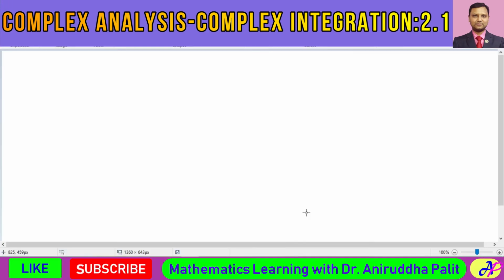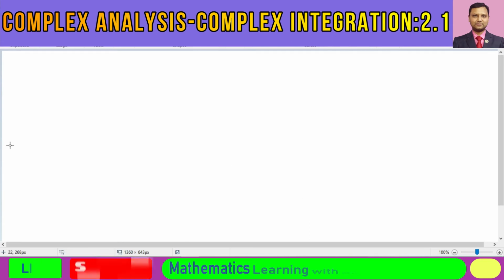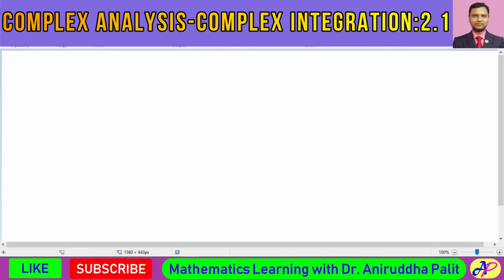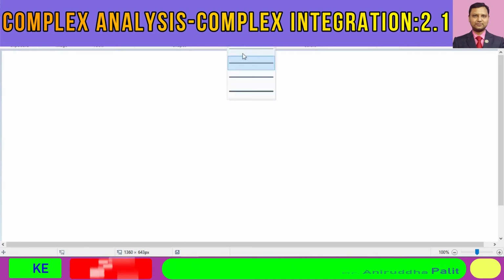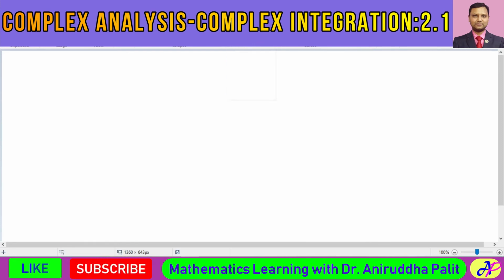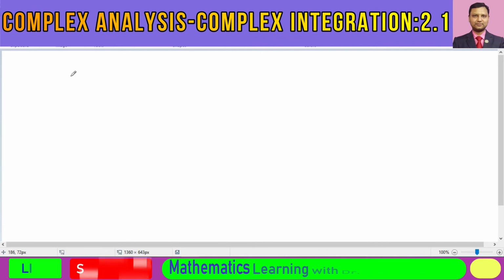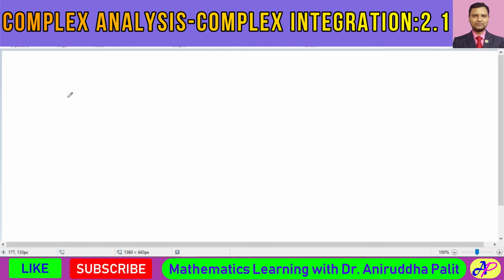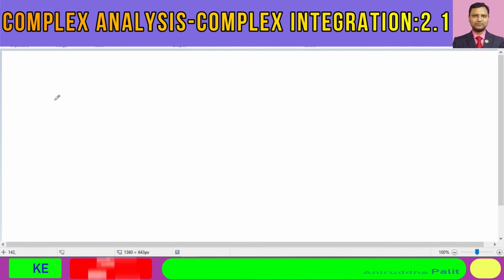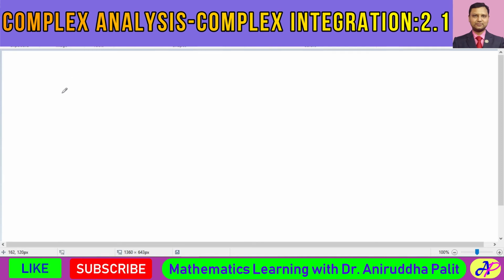The definition of an oriented curve. What is an oriented curve? Orientation, you might have heard this word. Suppose we have a curve. Let me draw this curve in three-dimensional space.